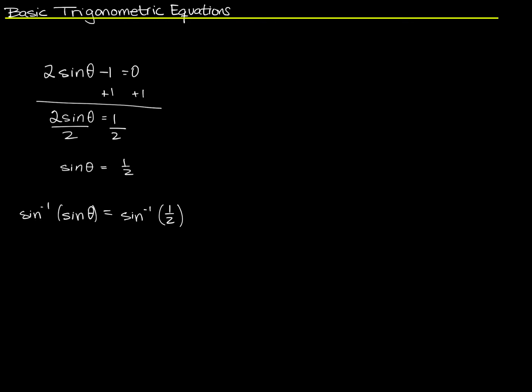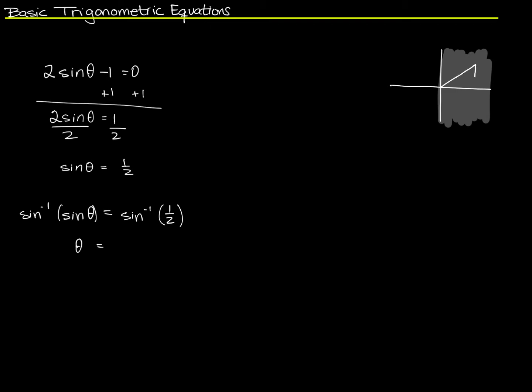Well, the sine inverse of the sine should just be theta, as long as we meet the criteria that theta is somewhere between negative pi over 2 and pi over 2, somewhere in quadrant 4 or quadrant 1. The sine inverse of 1/2 is an angle. It's the angle whose sine is 1/2.